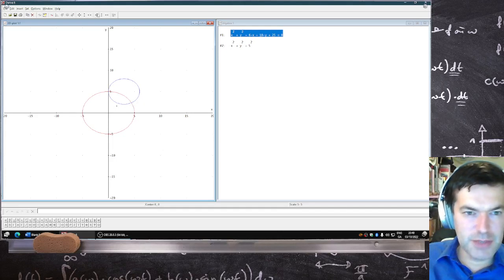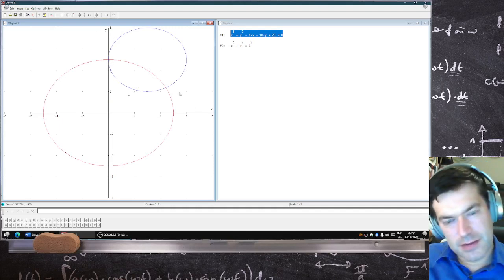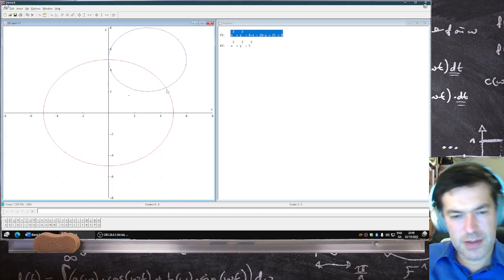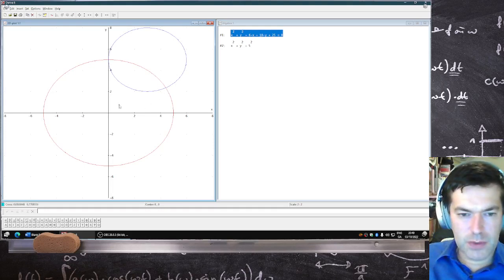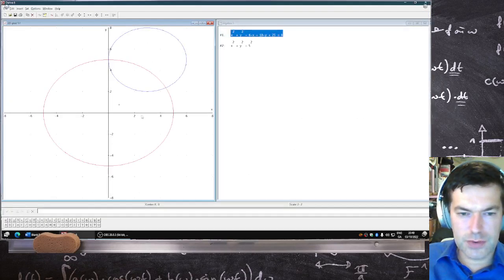I might have to zoom in to judge if they're orthogonal. Well, that definitely looks it. And that does too, just about, perhaps. Okay, and then (1, 1) is here, and (2, 3) is up here. Just not sure about the distance part.